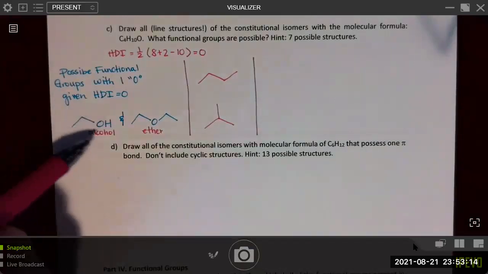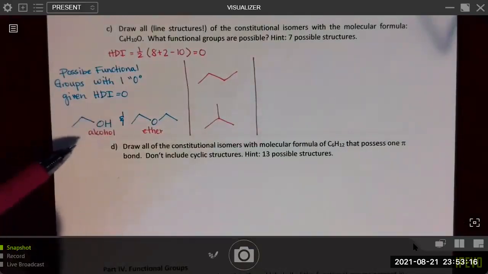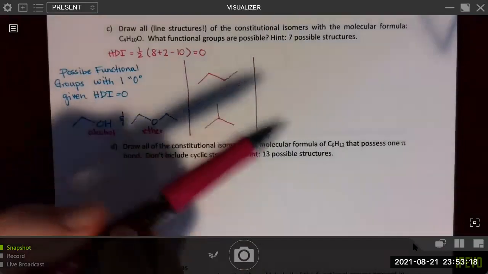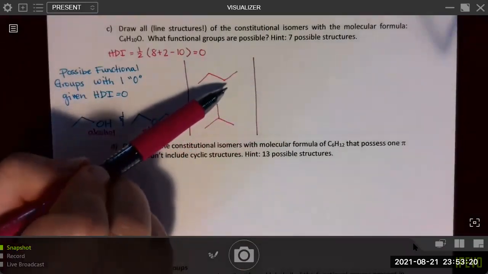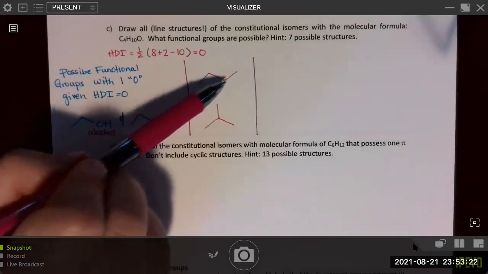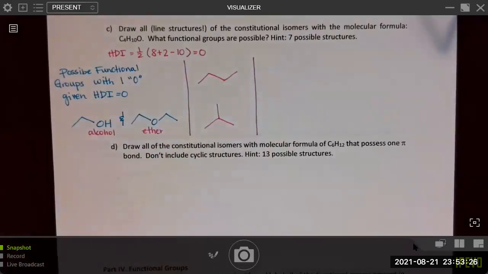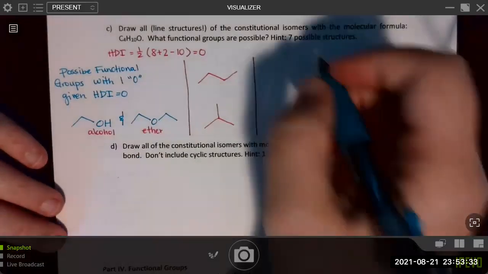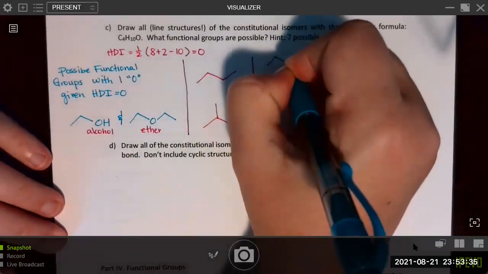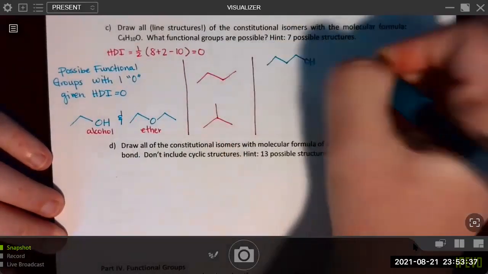Okay, the alcohol is the easier one to do because the OH group will just go at different positions, here, here. Kind of the same thing we did before with the bromine, but we're going to put an OH instead of a bromine. So those are going to be fairly straightforward. It will be 4 carbons in a row with an OH at the end.